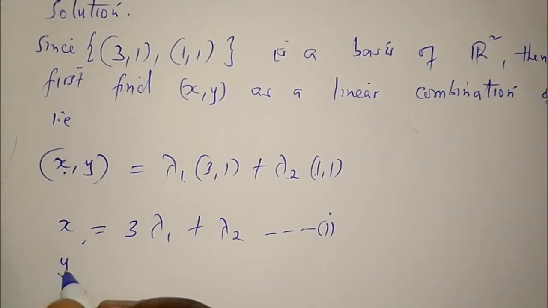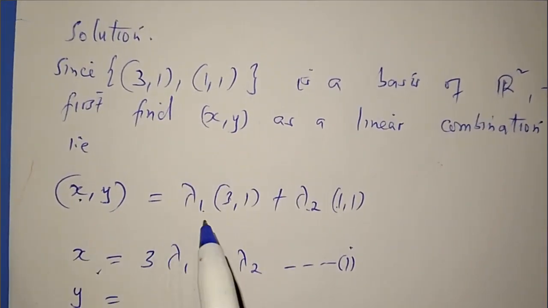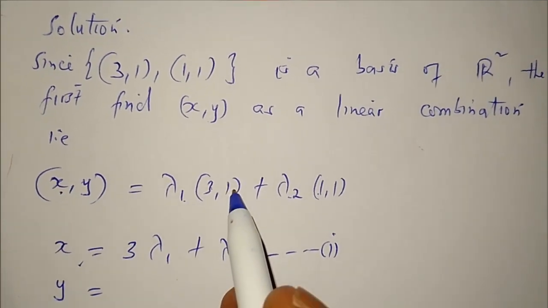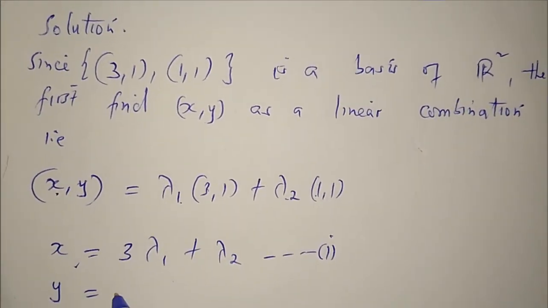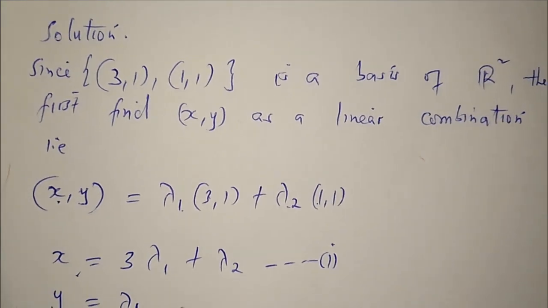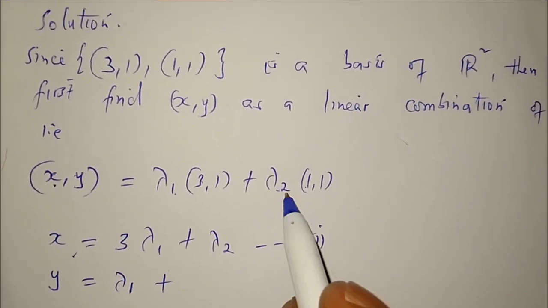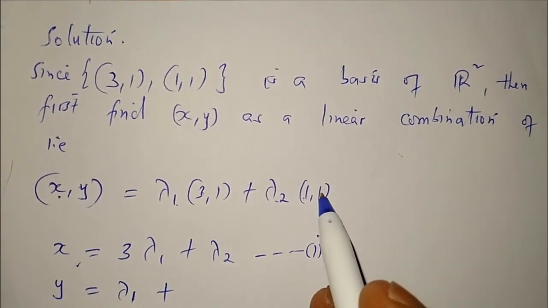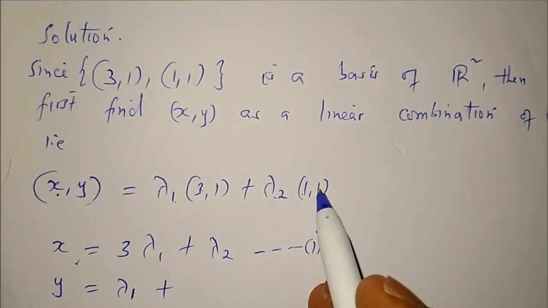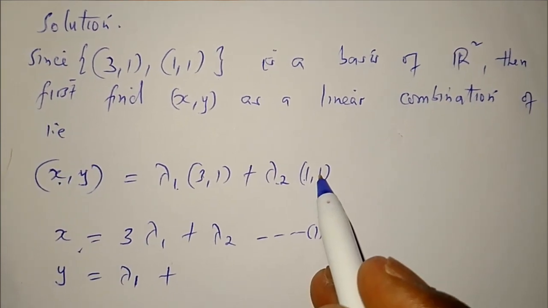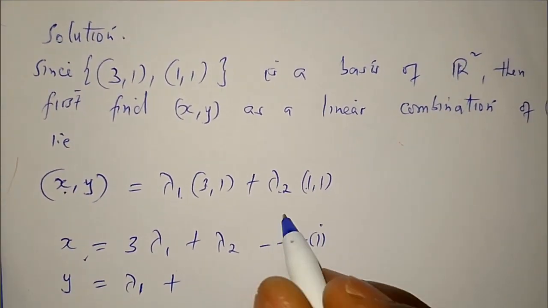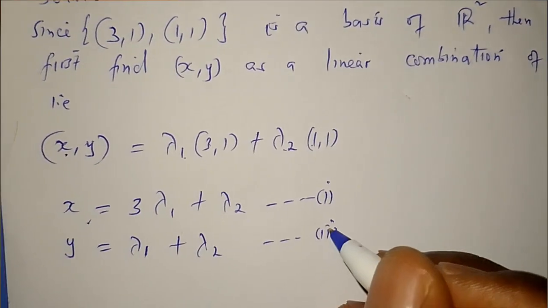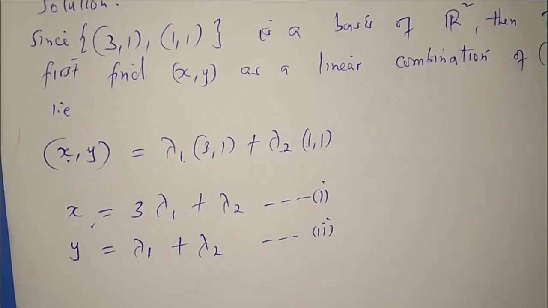Then y, I shall do the same. I take lambda 1 and multiply by the coordinate of y, which is 1, so I get lambda 1, plus lambda 2 times the coordinate of y, that is 1. So it is lambda 2, and I call this equation 2. Hope you understand.